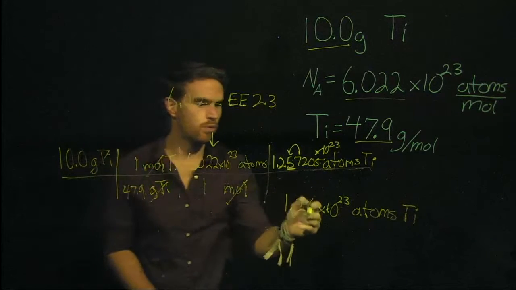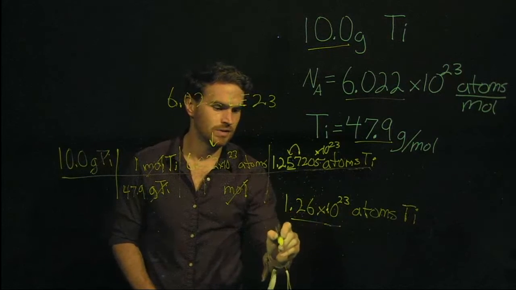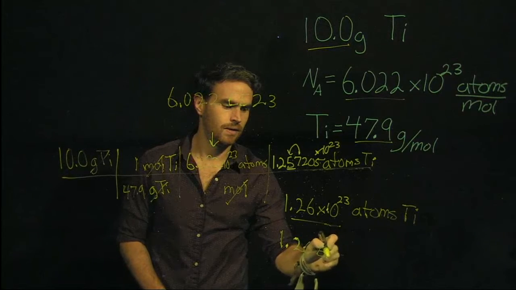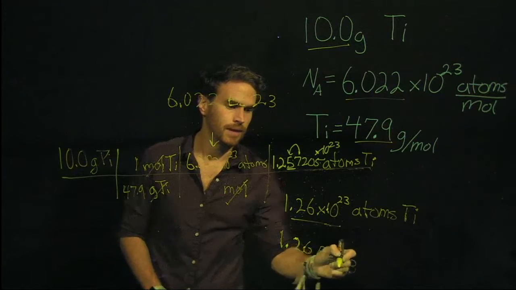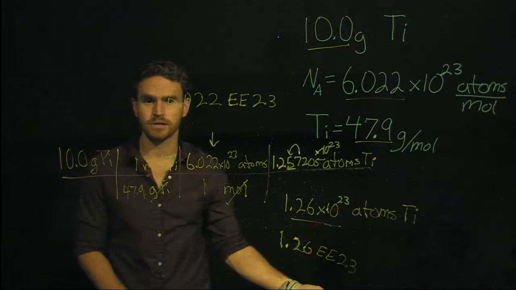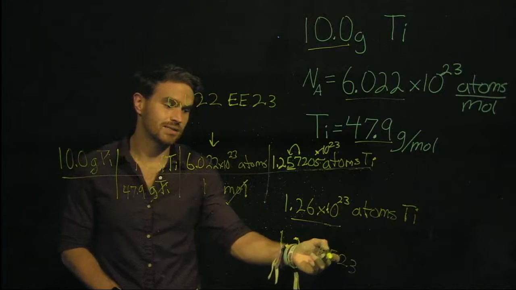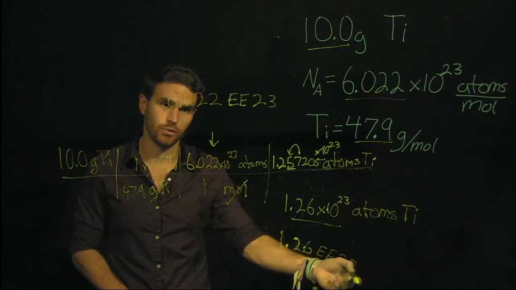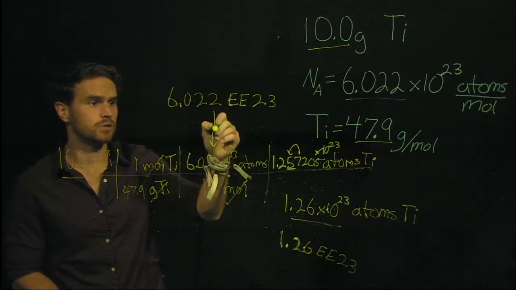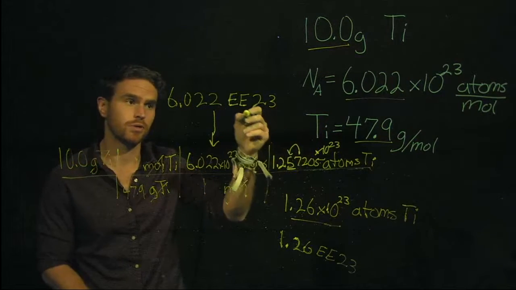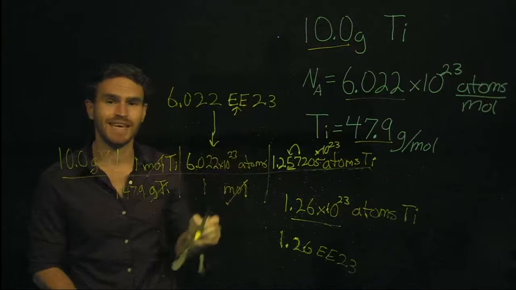And you should see your final answer reported as 1.26 EE 23. Because what that EE is telling you is like saying times 10 to the. So 1.26 times 10 to the 23rd. And when you use it as part of your calculation, you put in 6.022 times 10 to the 23rd by plugging in this EE value.